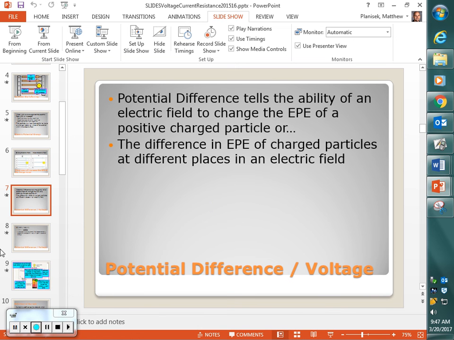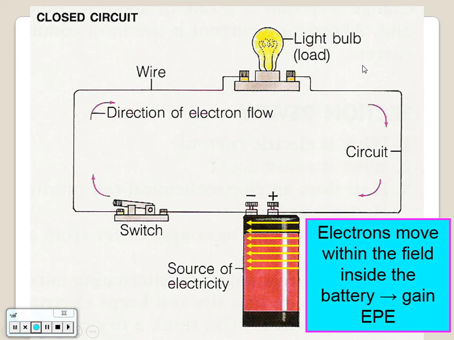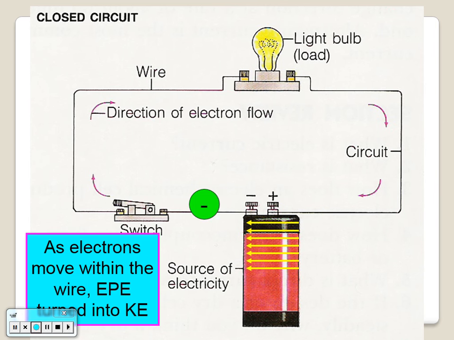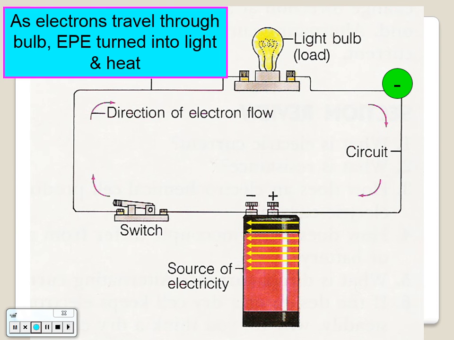Just real quick, to summarize, we said that if we have this charge and we move the charge within a battery, the battery does work on the charge to increase the electrical potential energy. But then, as that charge moves through the circuit, its potential energy is converted into other forms of energy. Sometimes it's kinetic energy from the movement of the charge.